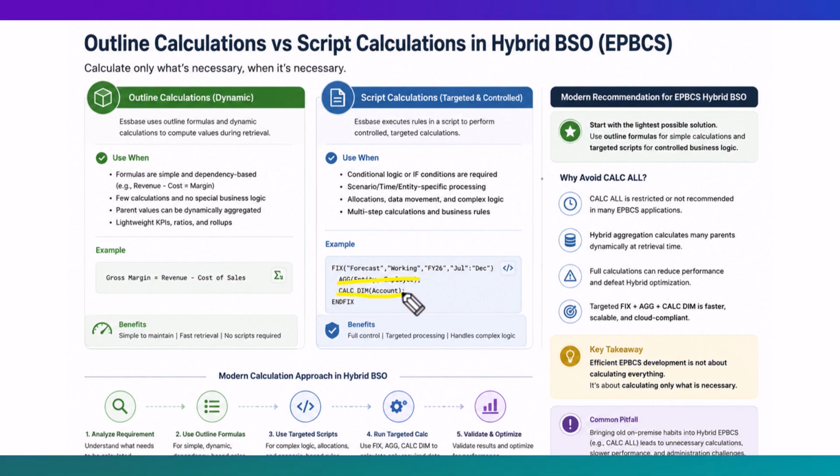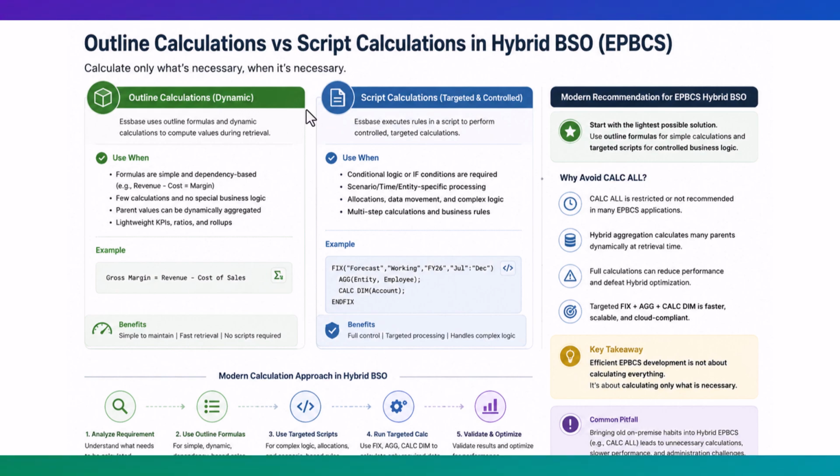So here what we are doing is a targeted calculation. This script calculates only future forecast months, aggregates only the required sparse dimensions, and recalculates the account formulas in a controlled sequence. This is significantly faster and aligns with hybrid optimization principles.